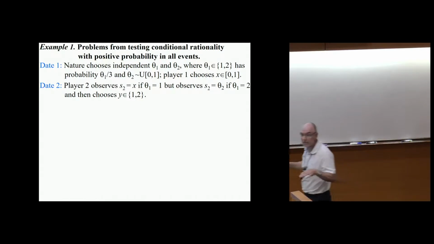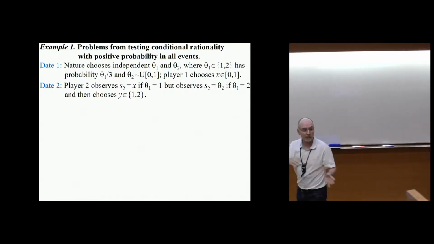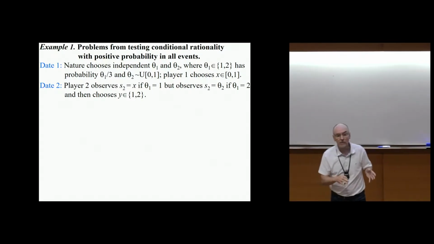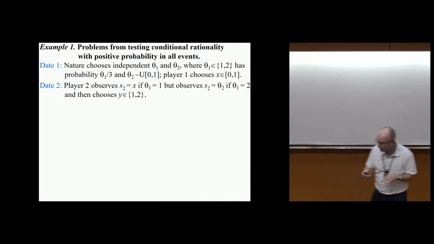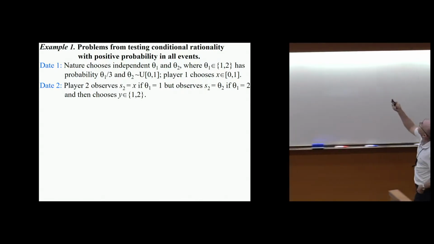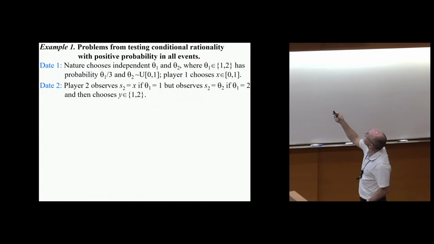Player 2 on date 2 is going to observe either nature's choice of real number or player 1's choice of real number, depending on whether nature's discrete coordinate, theta 1, was 1 or 2. If it was 1, player 2 is going to observe player 1's choice of real number. If theta 1 was 2, then player 2 is going to observe nature's choice of real number.